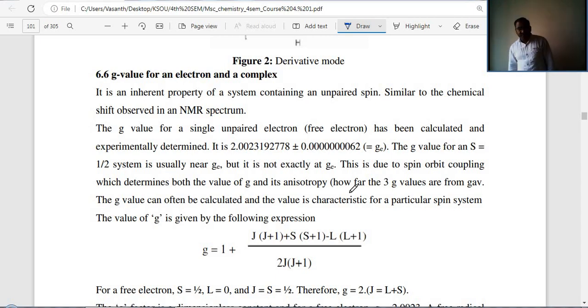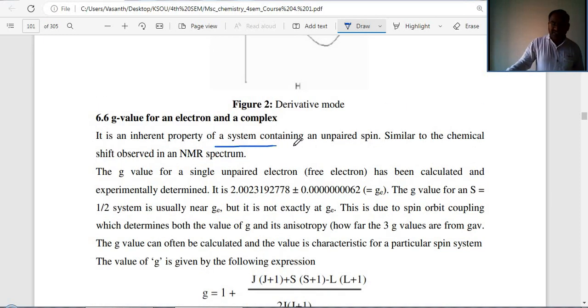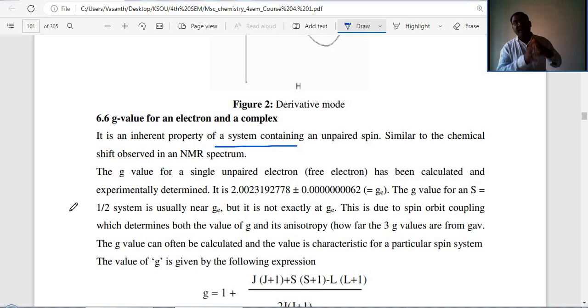Next, how to find the g value for an electron and a complex? It is an inherent property of a system containing an unpaired spin, similar to the chemical shift observed in an NMR spectrum.